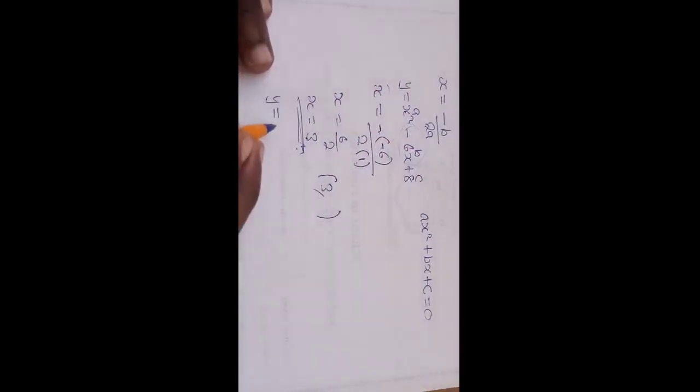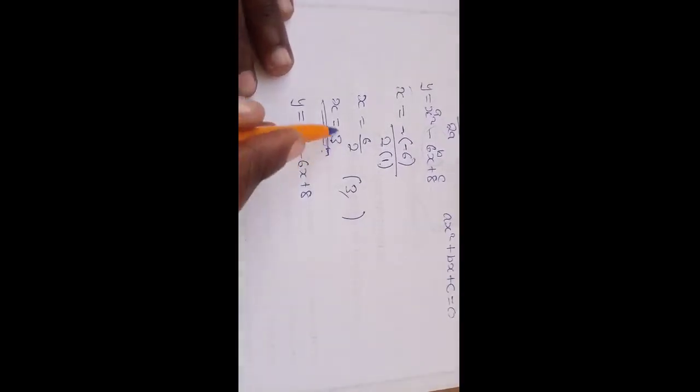So we say y is equal to x squared minus 6x plus 8, like that. So we said that this is the value of x. We need to substitute where there is x here so that we find the y coordinate. So y is equal to x, what is our x?